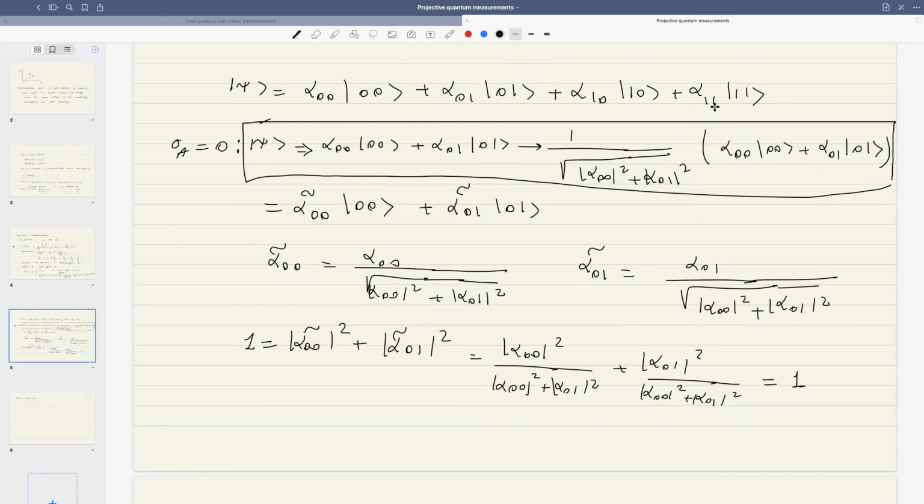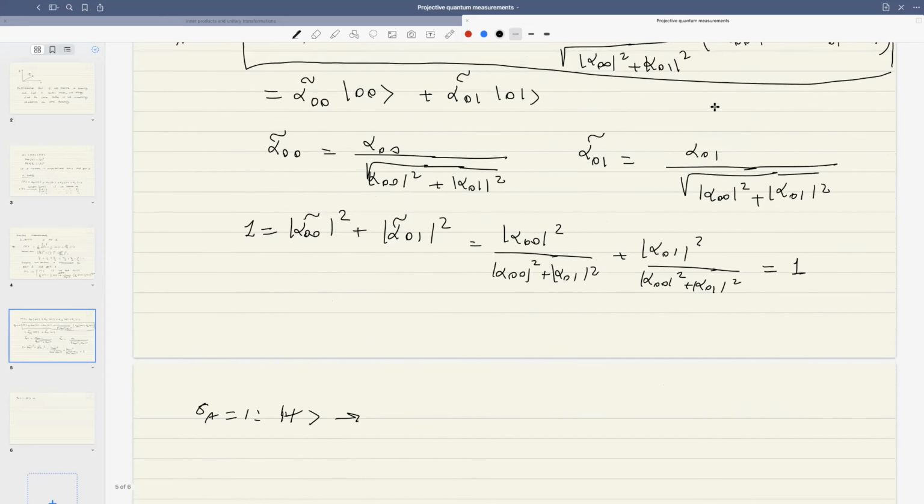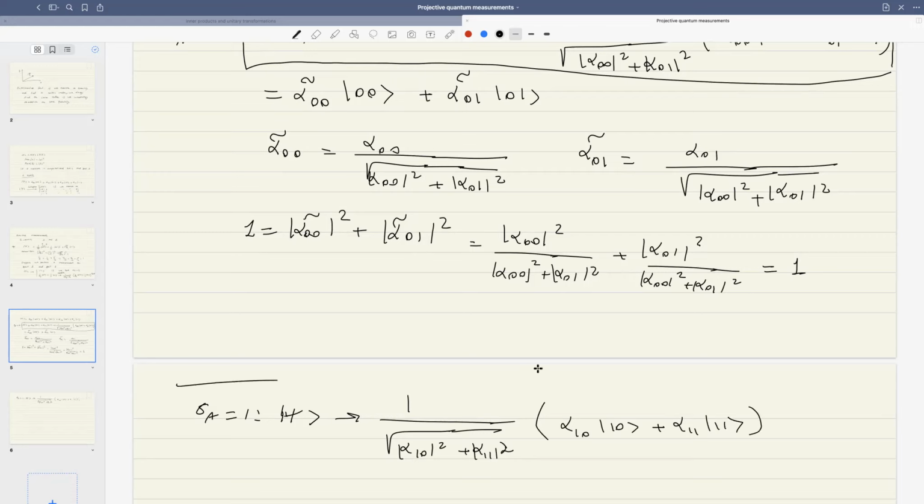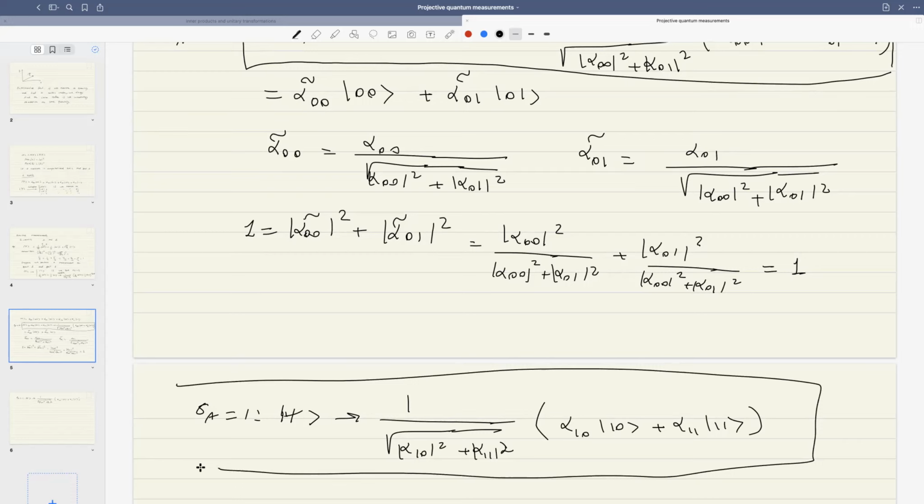I'm left with those, and then I normalize them. So I'm going to end up with 1 over the square root of |alpha 1,0| squared plus |alpha 1,1| squared. And then what remains is, so that's wave function collapse in a partial measurement.